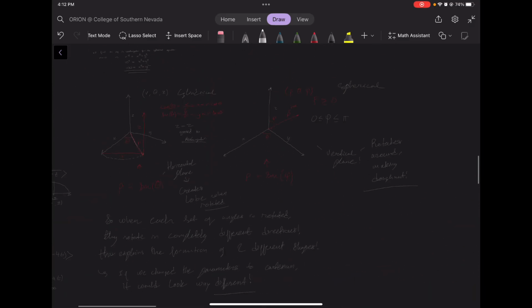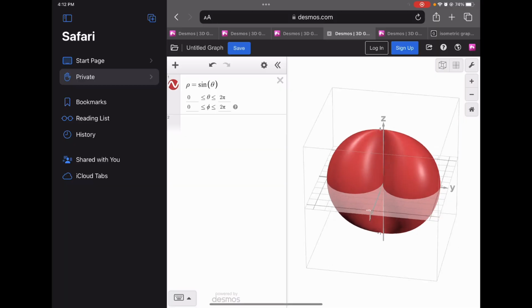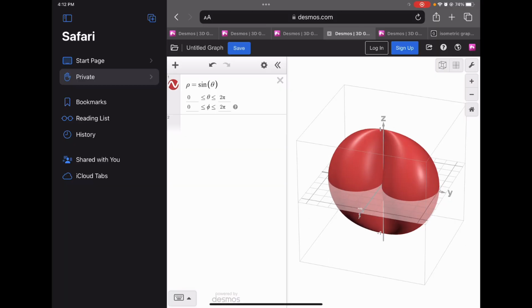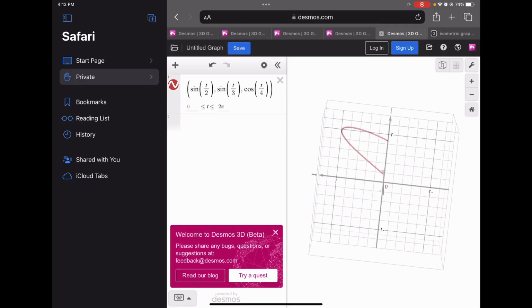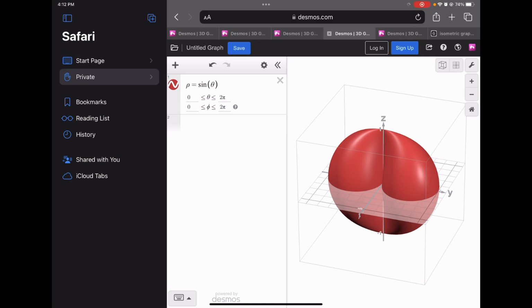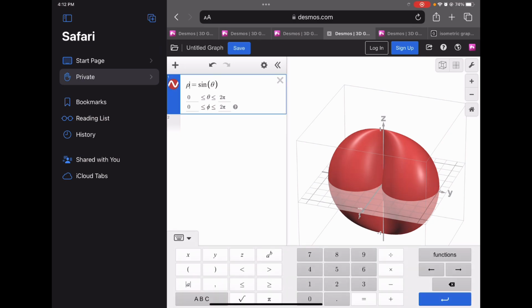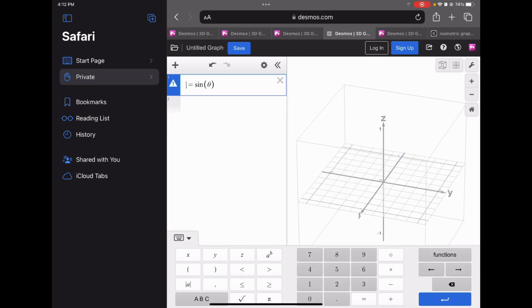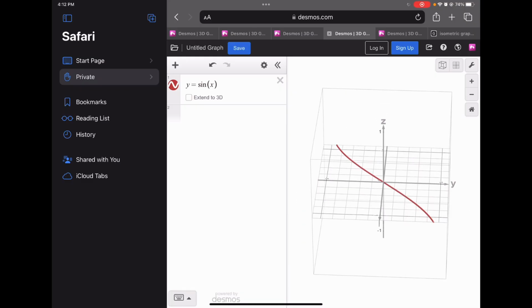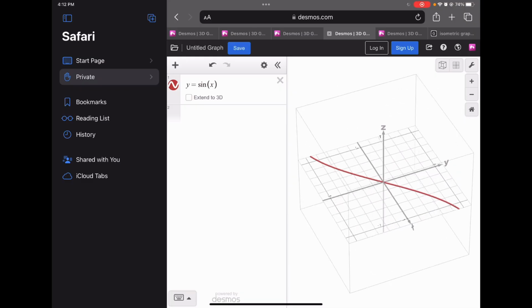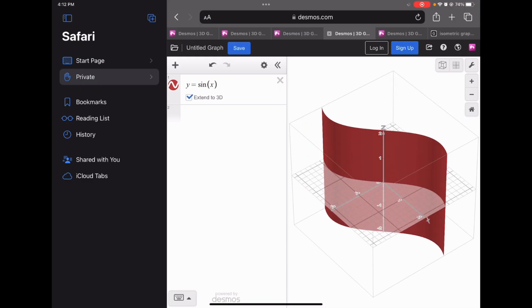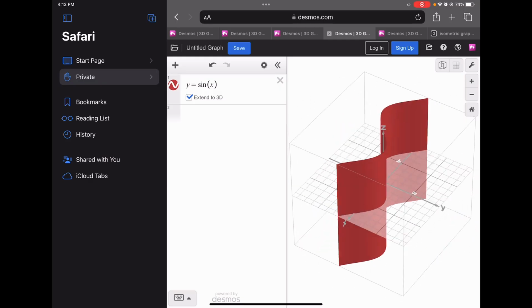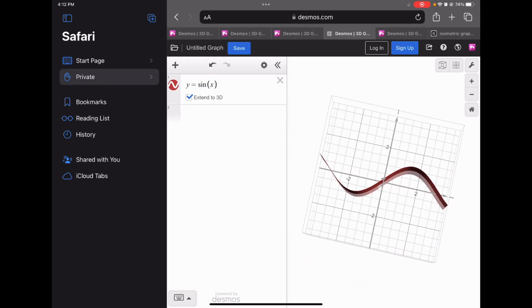And I have an even more basic example. If we graphed this whole thing, let's just say I graph it here, and I change the variables to instead y equals x. And I extend it to 3D, this is what's going to happen. It's going to look like a completely different thing.